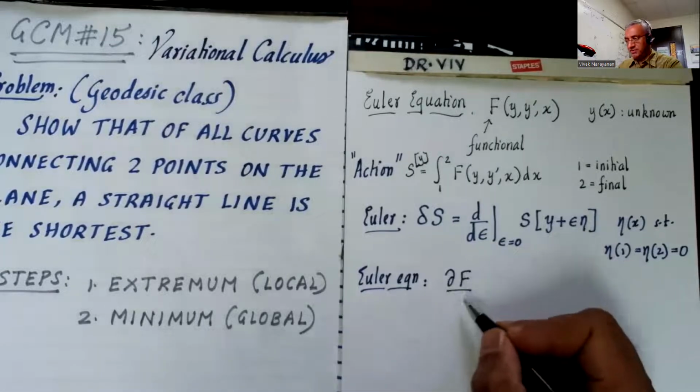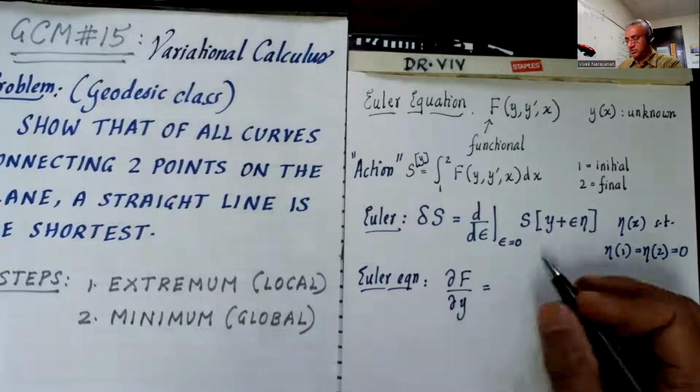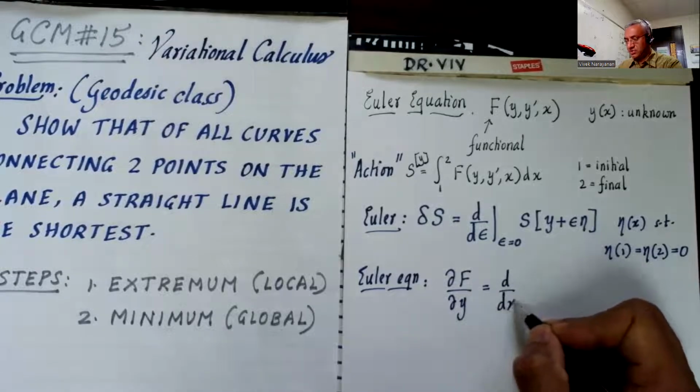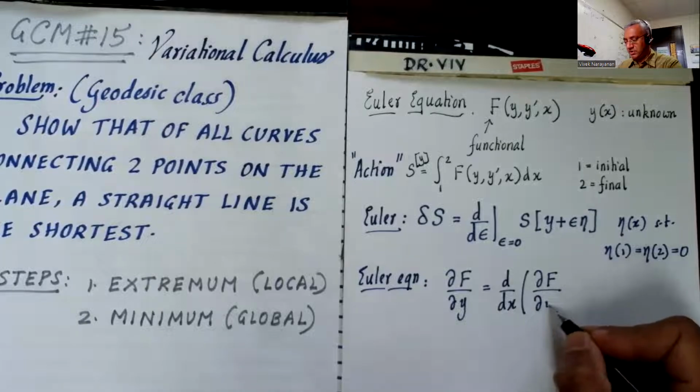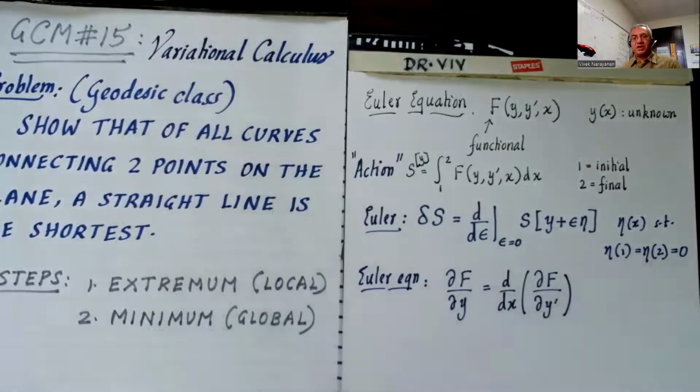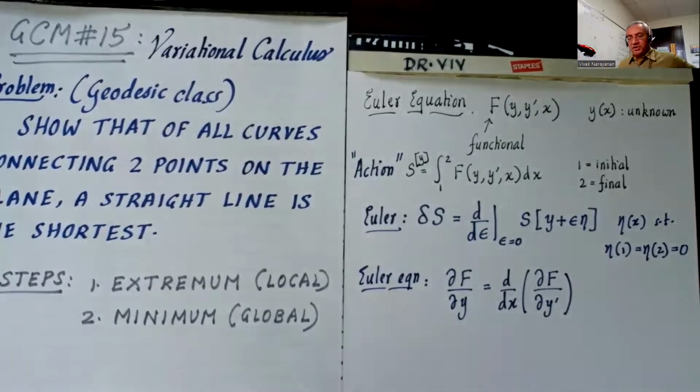The partial derivative of F with respect to y is d by dx of the partial derivative of F with respect to y prime. So that's the important Euler equation. There's a class of Euler problems which are called cyclic.